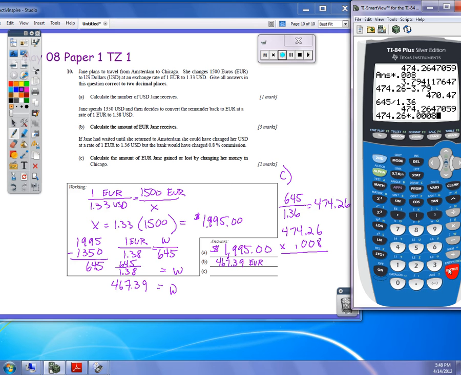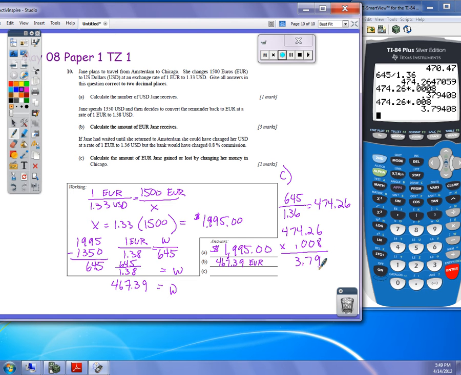There's her commission that she has to pay. She'll pay a 3.79 commission.